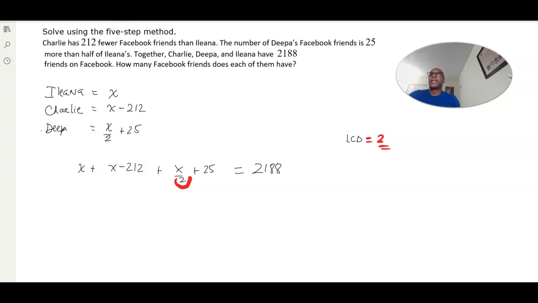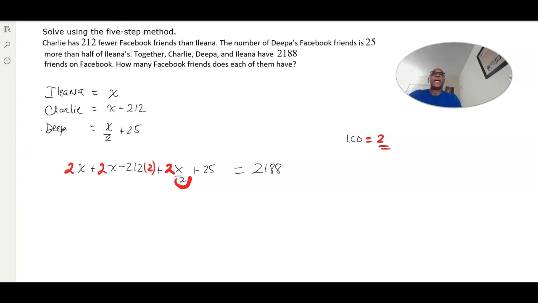So I'm going to multiply each term, and there are six terms in all. Everything has to be multiplied by 2 so we can get rid of that fraction. If I multiply this by 2, I get 2x. Here, multiplying by 2 gives 424. If I multiply by 2 here, it cancels out the denominator because 2 over 2 is 1.